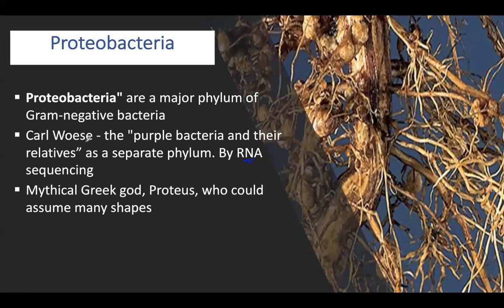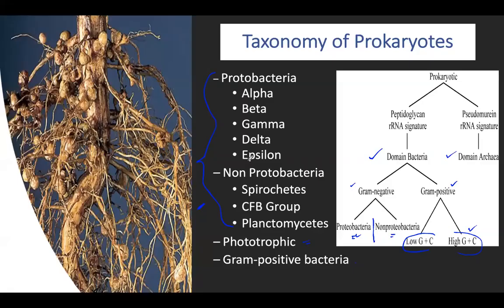The scientist Carl Woese proposed that there is a big, huge group of bacteria called purple bacteria. He said that all the purple bacteria and their relatives need to be placed in a separate phylum, because they are closely related to each other by RNA sequencing. RNA sequencing separates this group of bacteria from that group.